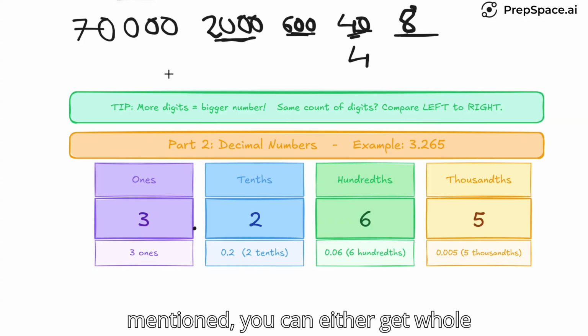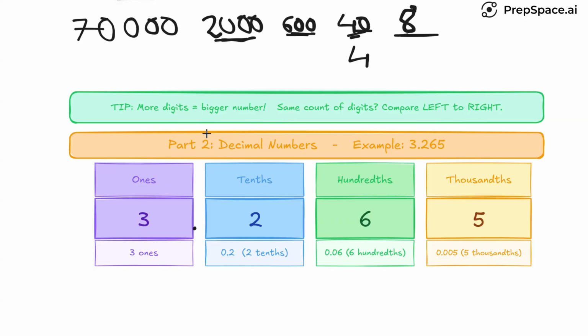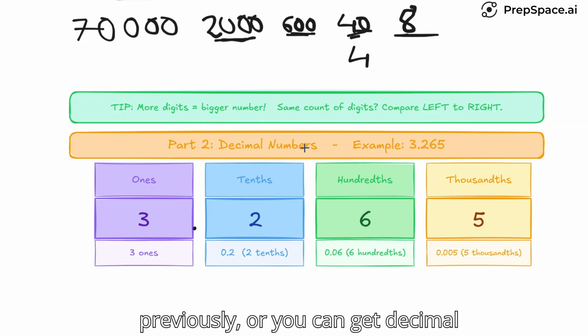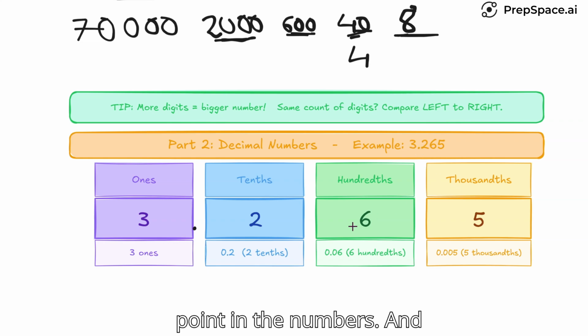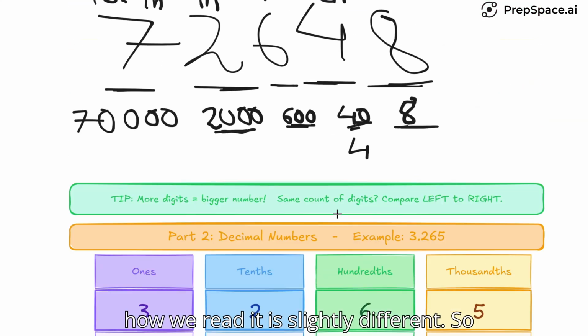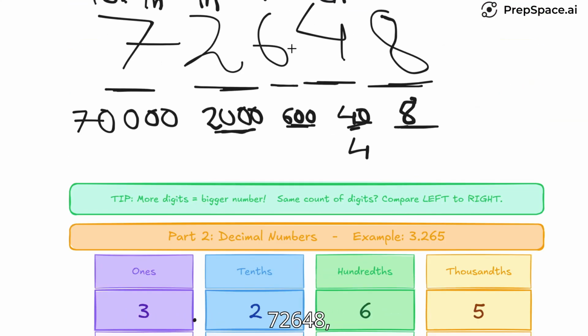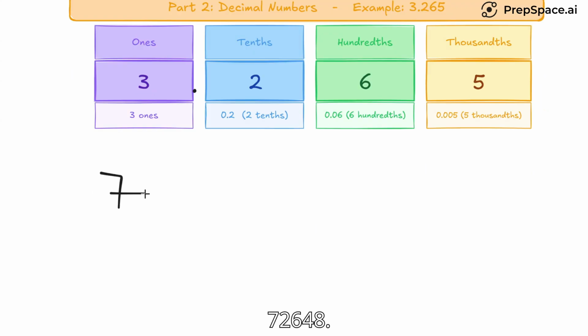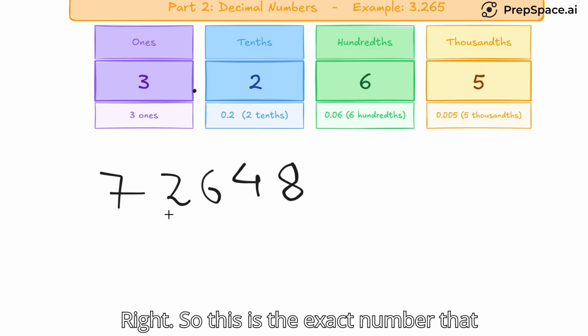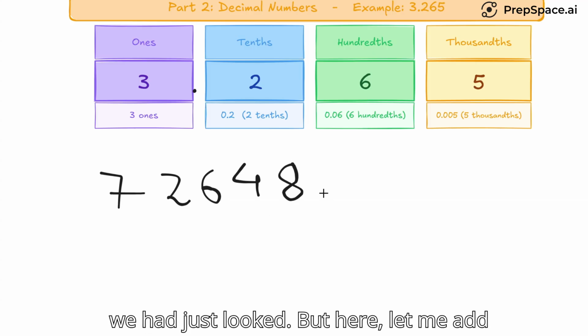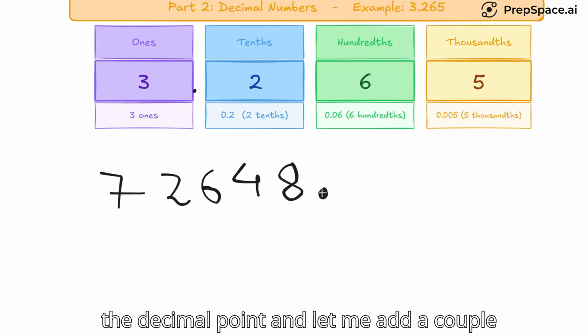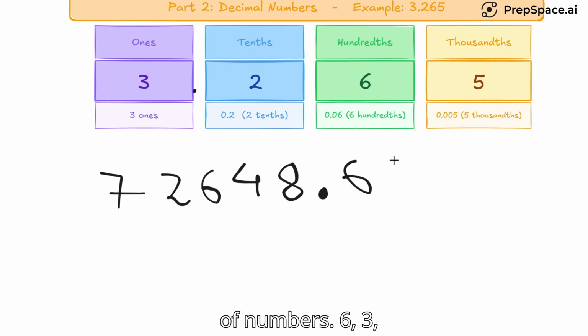Now let's look at the other type. Like I mentioned, you can get whole numbers like we have just seen, or you can get decimal numbers. Decimal numbers are the ones where you have a decimal point, and how we read them is slightly different. If you again take this number 72,648, this is the exact number we just looked at, but here let me add the decimal point and a couple of digits: 6, 3, 5.